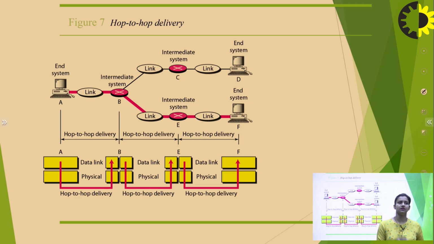We have to search for the best path for the receiver end to receive the data. In this diagram we are switching to the second option, in which we have the devices A, B, E, F. So we are sending data from A to B to E to F.